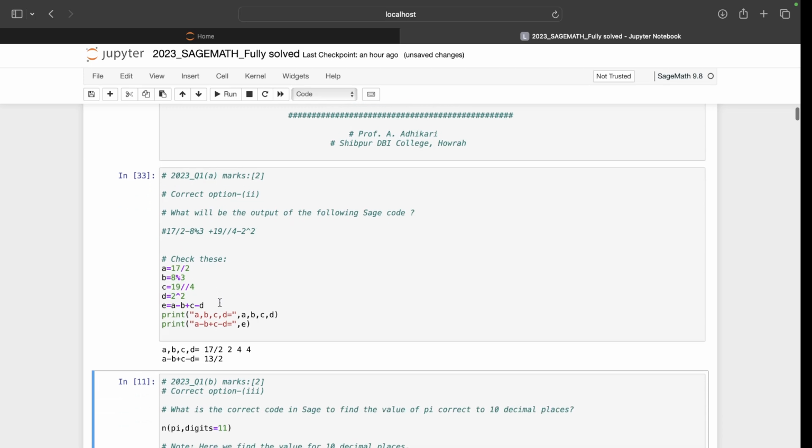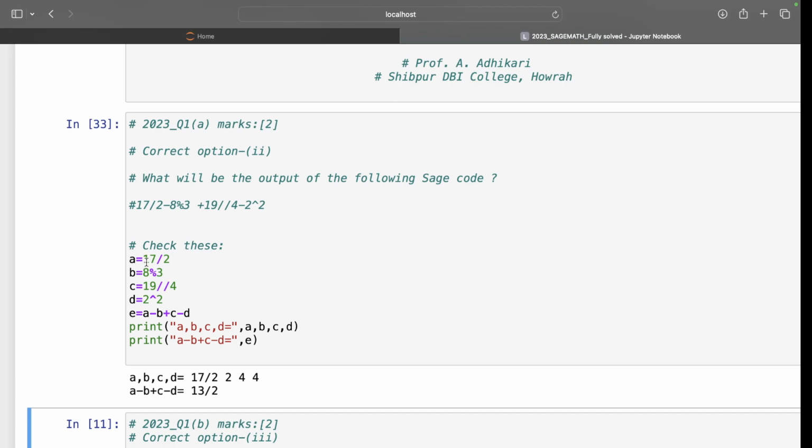So here we see that A equals 17/2. B equals 8 modulo 3, so this is the remainder: 3 times 2 is 6 and the remainder is 2, so B equals 2. C is 19 double slash 4, the floor division, so this is actually the quotient: 4 times 4 is 16, so the quotient is 4, this is C. And D is 2 to the power 2, caret 2, is also 4.